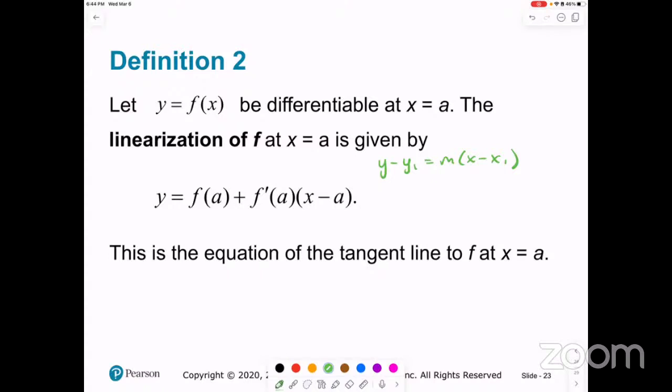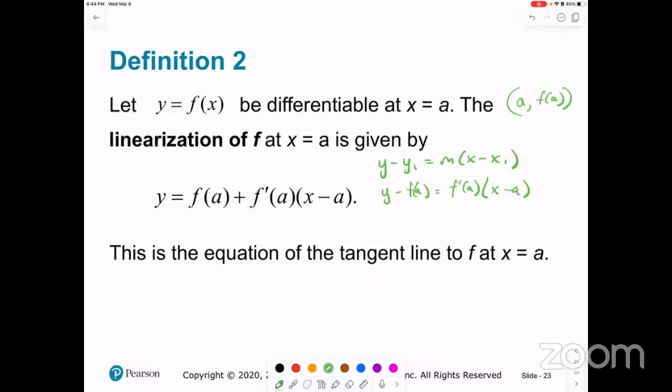And say the point that we're considering is when x is a and then the corresponding y value. So if we plug that in, we're going to have y minus f of a equals the slope, which comes from f prime of a, times x minus a. Then once you solve for y, you get this guy here.